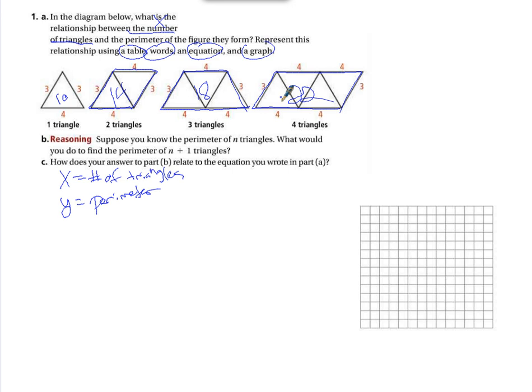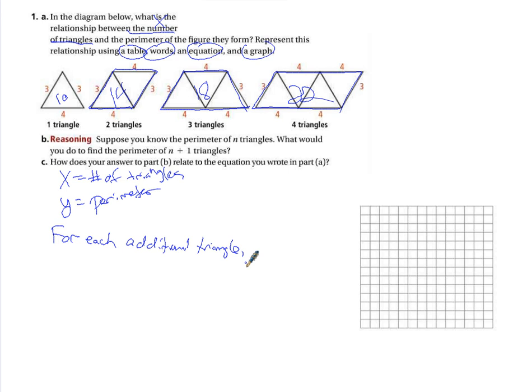Well, where did we start? So we started with 10, right? So for each additional triangle, what do we do?